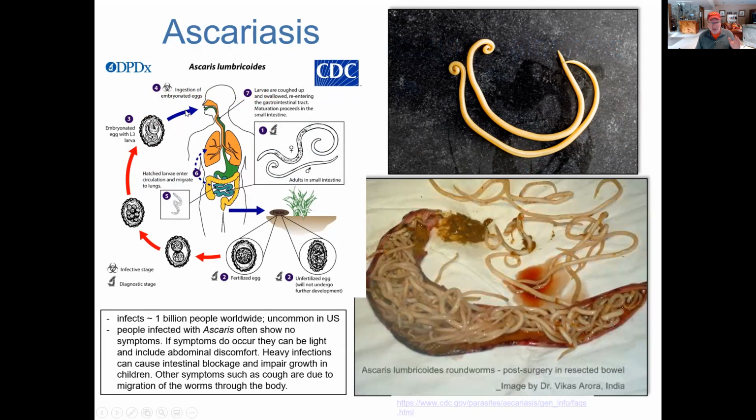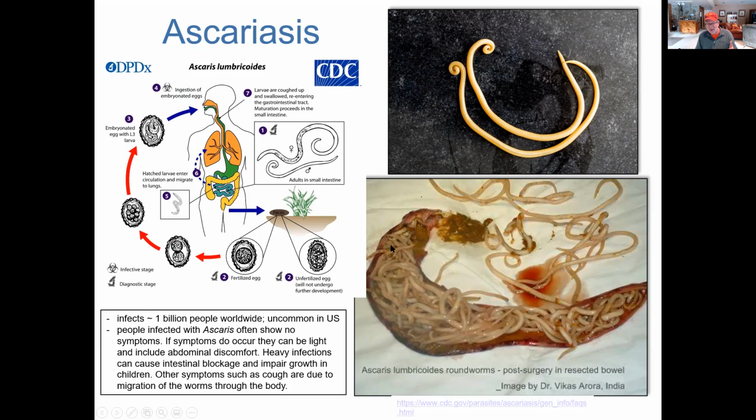If you were to ingest the fertilized eggs of a roundworm, this would eventually pass into your digestive tract. And there the worm would form into the adult. So we can see the female and the males, again, shown in the upper right-hand corner. This is what you'd have in your small intestine.